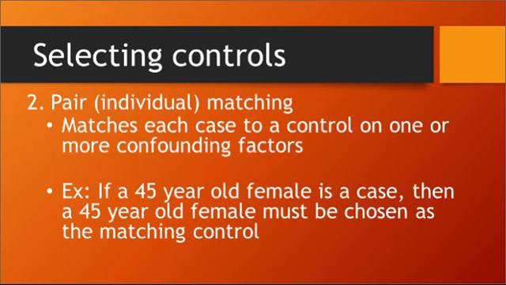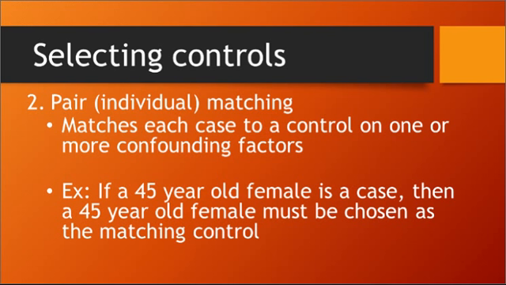Another way of selecting controls is called pair matching or individual matching. Rather than looking at percentages of certain characteristics, with pair matching, we're actually looking at a one-to-one match. And so we're matching one single case to one single control, but looking at multiple confounding factors.